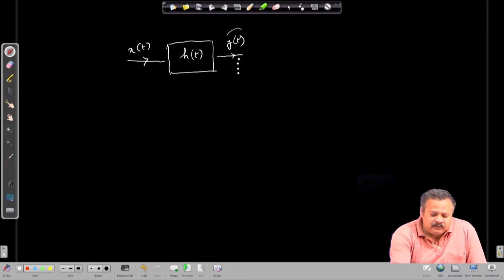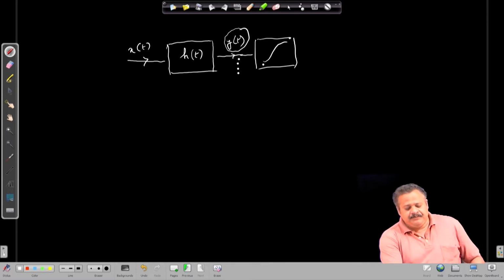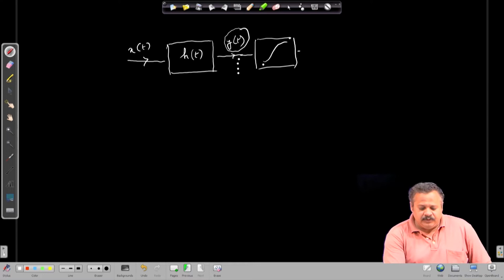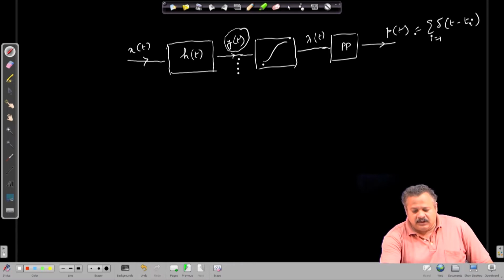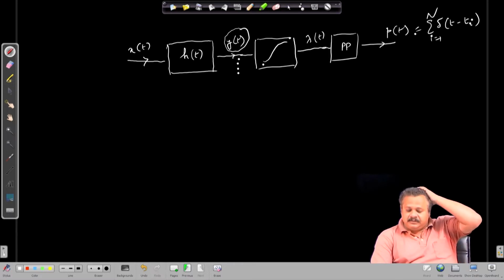And so that is what we passed through the static nonlinearity, which can be sigmoidal or otherwise. So this then produces the driving function for the point process, and so that is this lambda t, and so that is driving the point process, and we are getting spikes here. So that is our p t, that is summation delta t minus t i, i equals 1 to, let us say, capital N spikes are occurring.